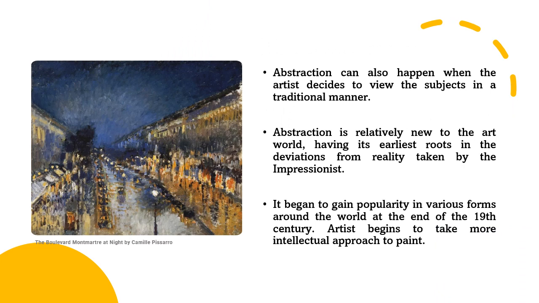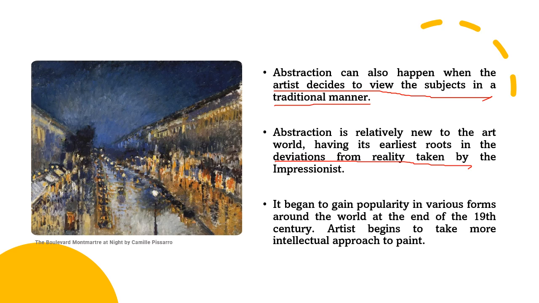Additionally, abstraction can also happen when an artist decides to view the subjects in a non-traditional manner. Abstraction is relatively new to the art world, having its earliest roots in the deviations from reality taken by the Impressionists. Abstraction is again taken from reality, but they just want to show it in a different, very artistic or creative way.